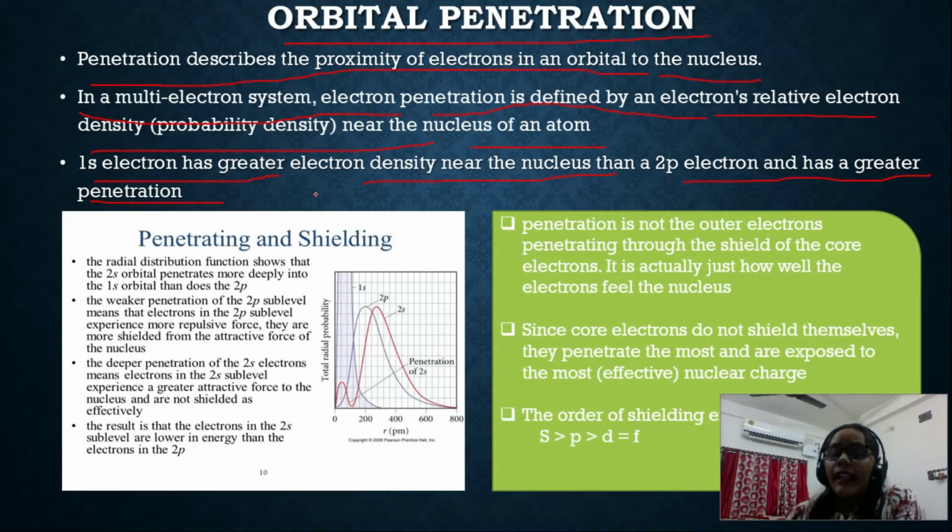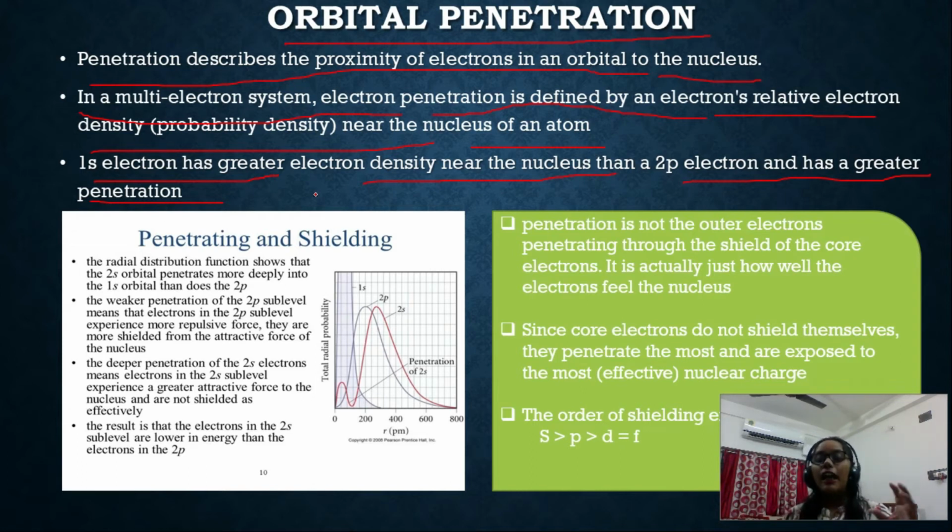The electrons are revolving in the s orbital, the p orbital, the d orbital, or the f orbital. Now, how much these electrons interact with the nucleus, how close this electron density is to the nucleus, this is called orbital penetration.